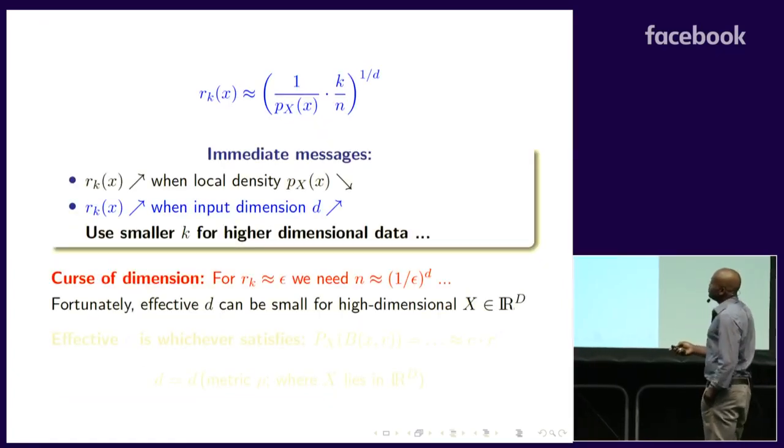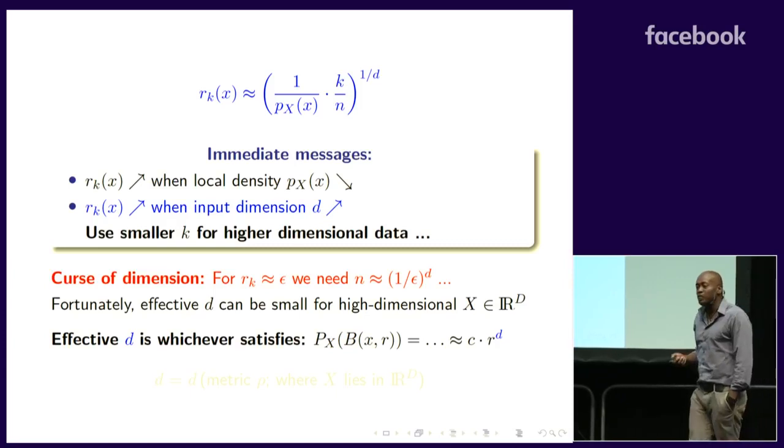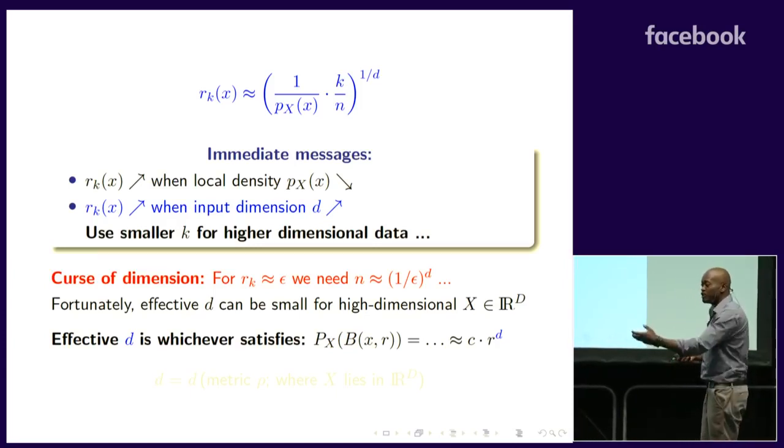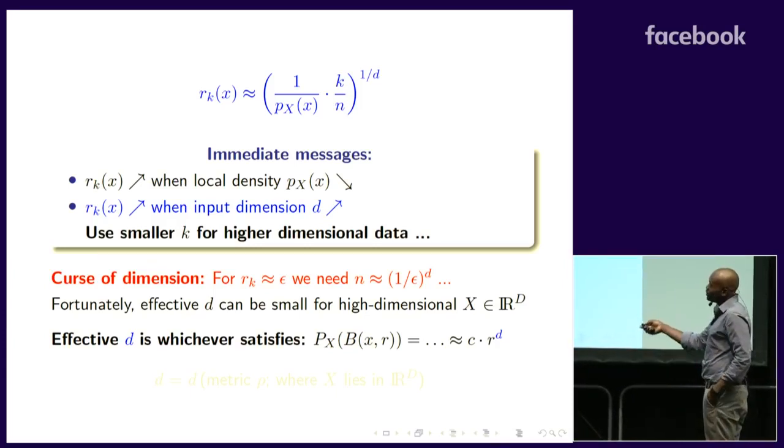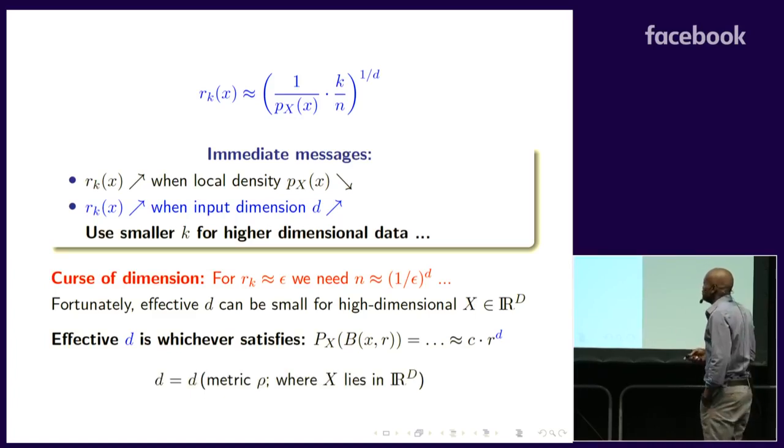So here we'll say essentially that the effective dimension of the space is whichever quantity satisfies an equation of this sort. And it turns out that even if X is in some high dimensional space, the quantity that satisfies an equation of this sort might be much smaller than big D. And I'll give some intuition in a second as to why.